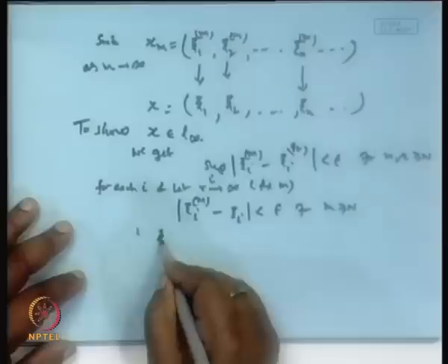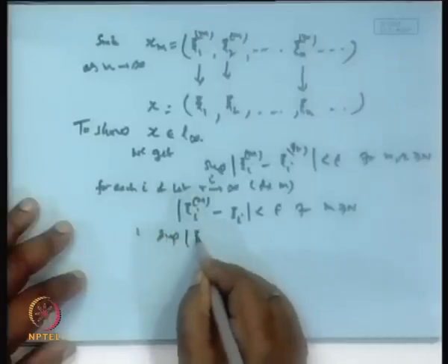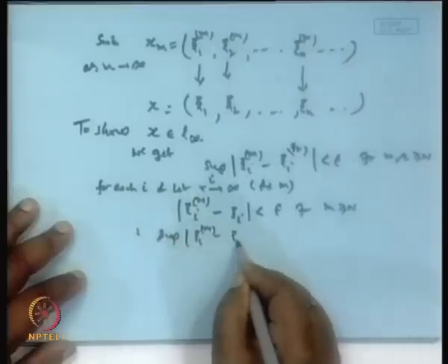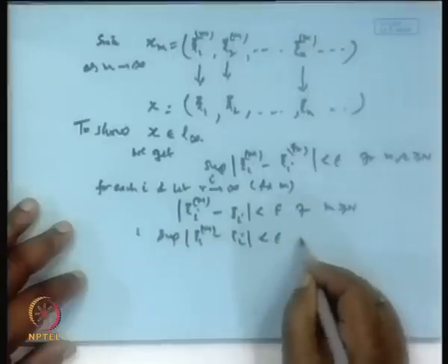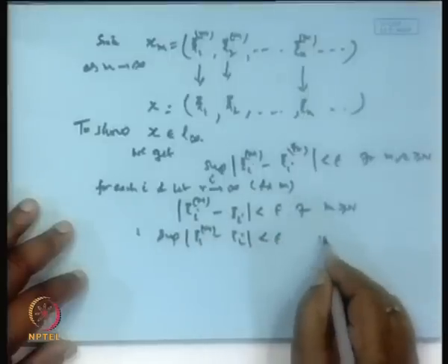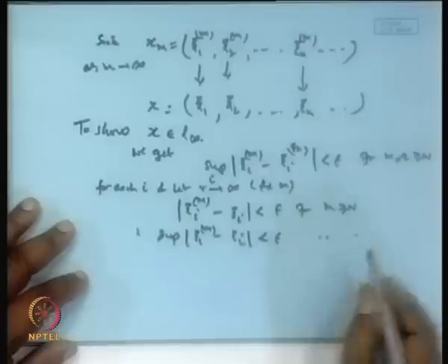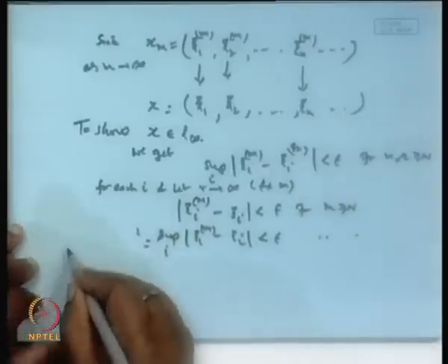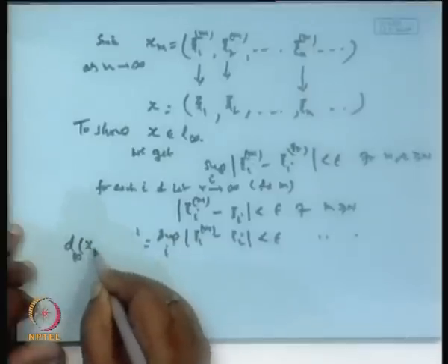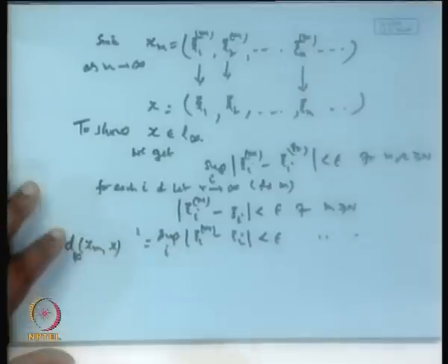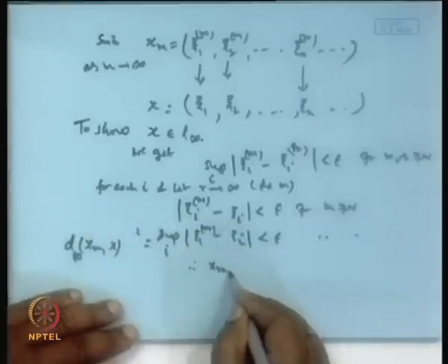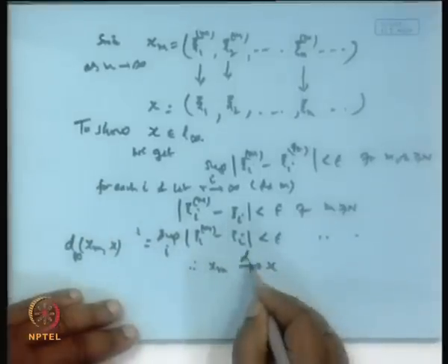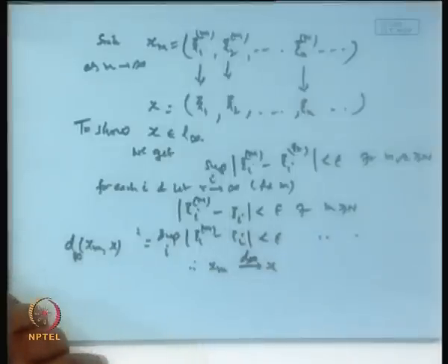So the supremum of this thing will remain less than epsilon_r for m greater than this. This supremum is nothing but d_infinity(x_m, x). Therefore, x_m converges to x in the metric d_infinity.